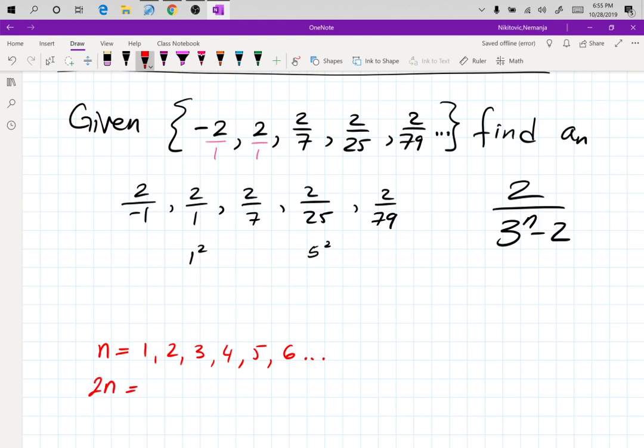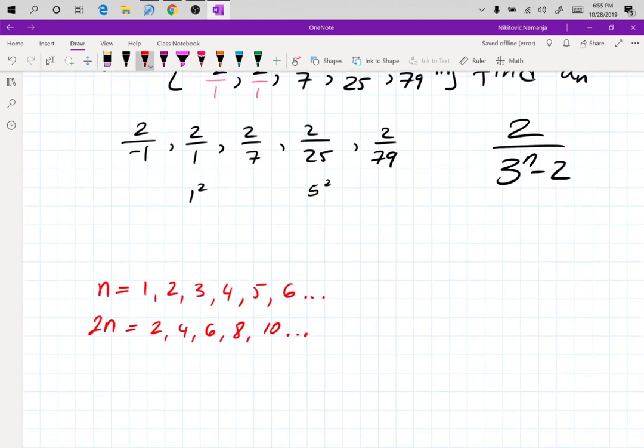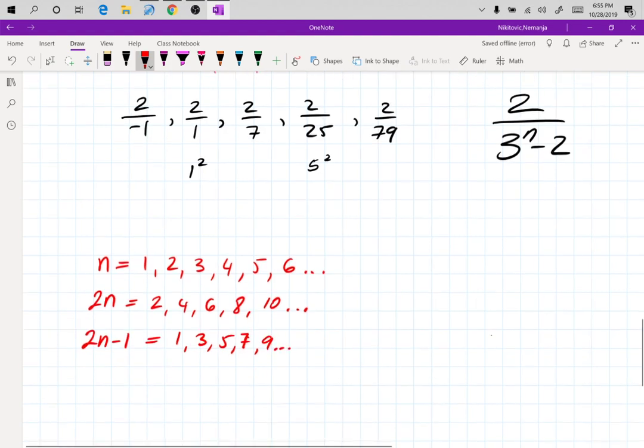2n is the way to write even numbers, and that's going to be 2, 4, 6, 8, 10, going on. The next one is 2n minus 1, which would give you 1, 3, 5, 7, 9, and so on. Now we're getting into n squared, which is 1, 4, 9, 16, 25, dot, dot, dot.